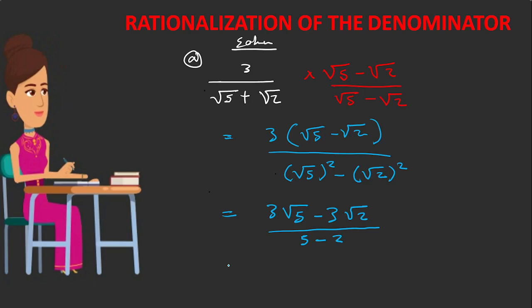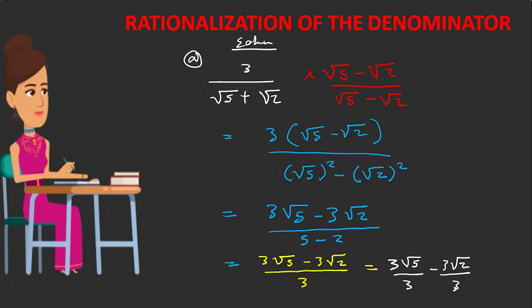Then this expression can be rewritten as, let me change the color there just in case someone will need some question. So this can be written as 3 square root 5 over 3 minus 3 square root 2 over 3. Okay, this 3 is the same one.